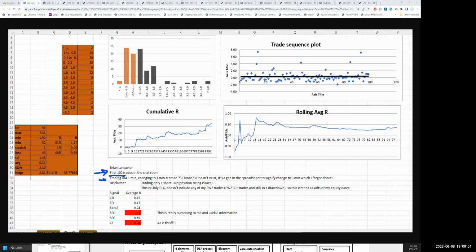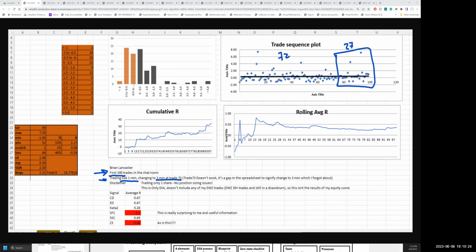This is exclusively on DIA on 1 minutes, and then changing to the 3 minute at trade 73. So that would be this set. It might be interesting to check the difference in the stats, because there's probably enough stats on those 23 or 27 trades against these 72 to see if there's any statistical difference.